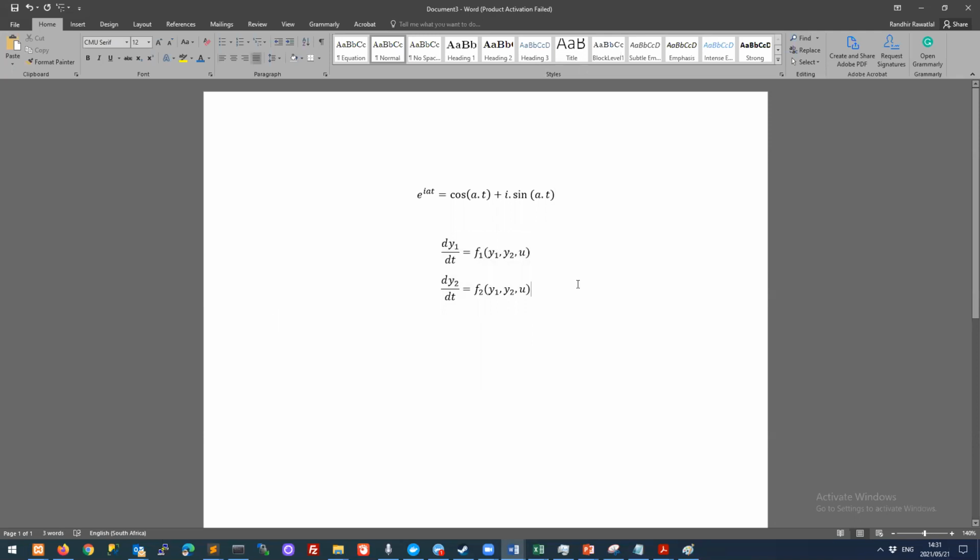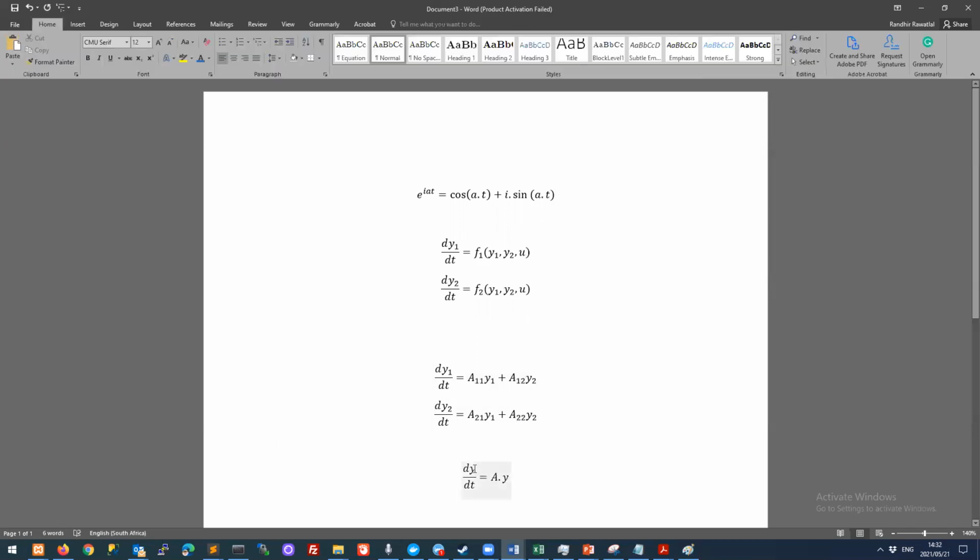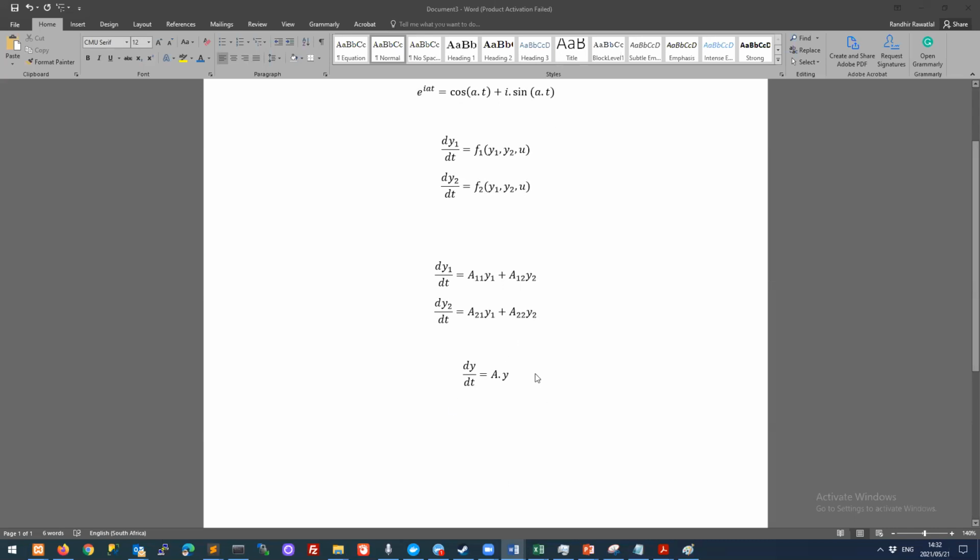But if we have a situation that looks more like this, let's say dy1/dt equals a11 y1 plus a12 y2, and here we have the equivalent thing, a21 times y1 and a22 times y2, then we can say this equation has the general form dy/dt equals A times y, where A is a matrix and y is a vector. Generally this is the vector-matrix form.